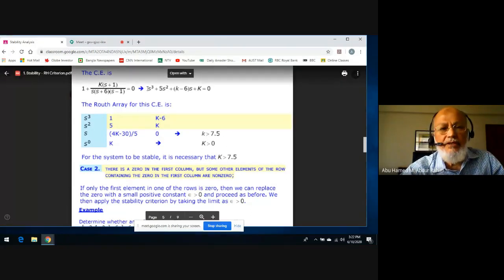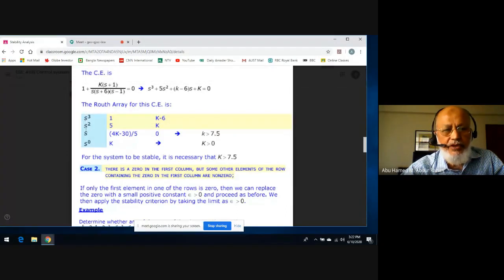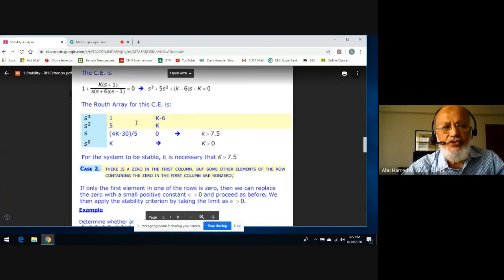So what we'll do now, we'll form the Routhian array. This is a third order system: s cube, s square, s, s to the power 0. The first column will contain s cube, s square, s to the 1, s to the 0. And the first two rows we construct out of the coefficients here.